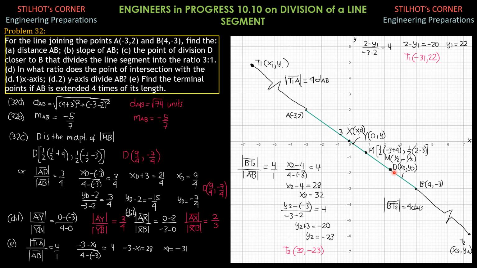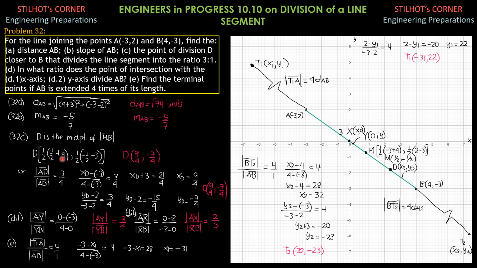Point D is the midpoint between M and B. So by the midpoint formula, xD is 1/2 of the quantity 1/2 plus 4, comma yD is 1/2 of the quantity negative 1/2 plus negative 3.